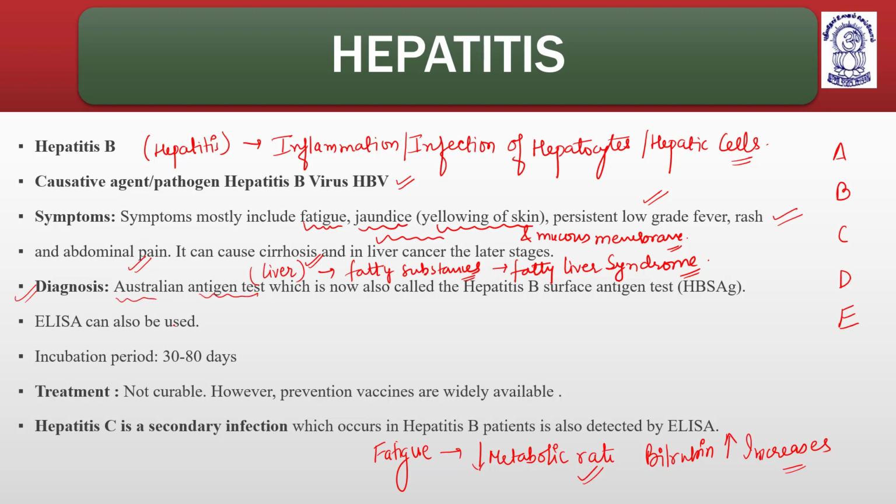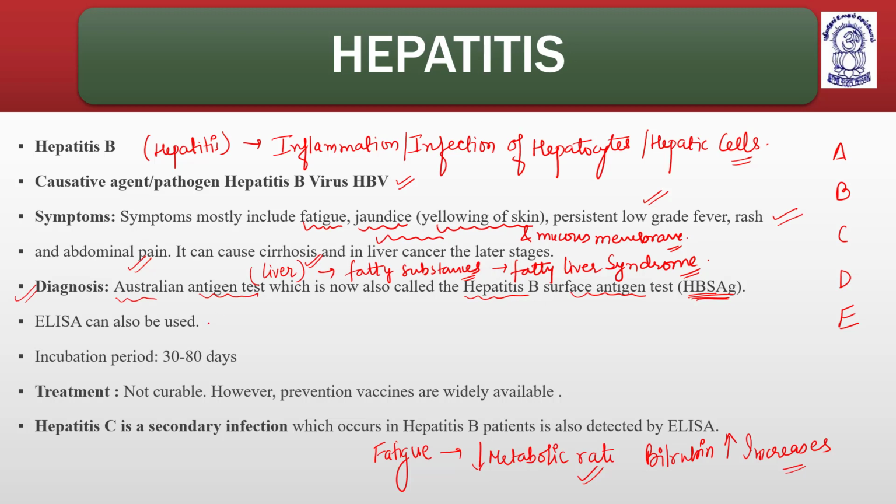The Australian antigen test is a diagnostic method and is now called the hepatitis B surface antigen test, HBsAg, the most common antigen. It is used to diagnose hepatitis.